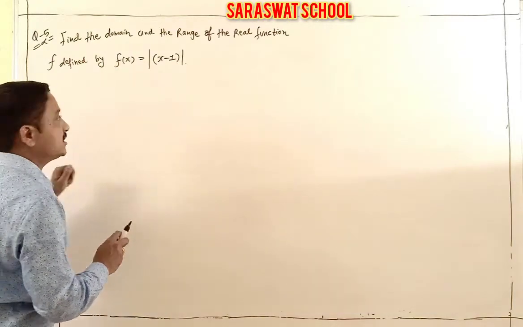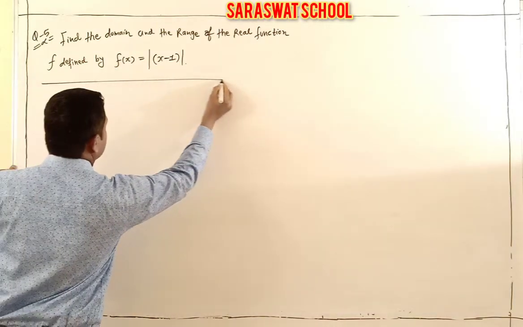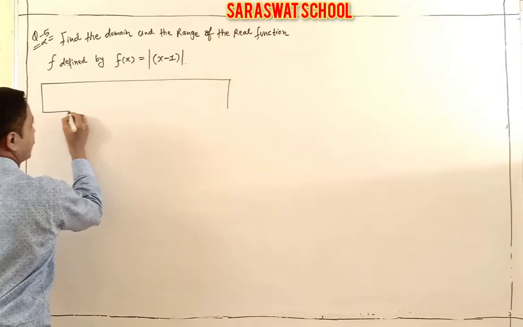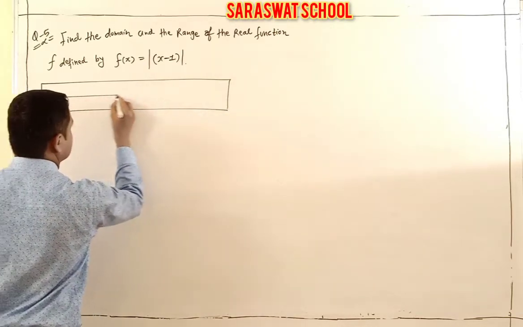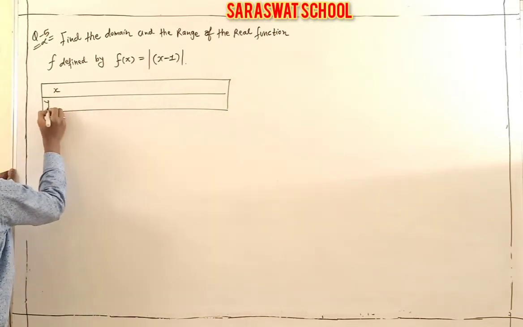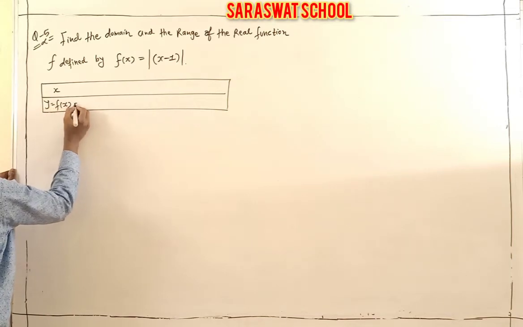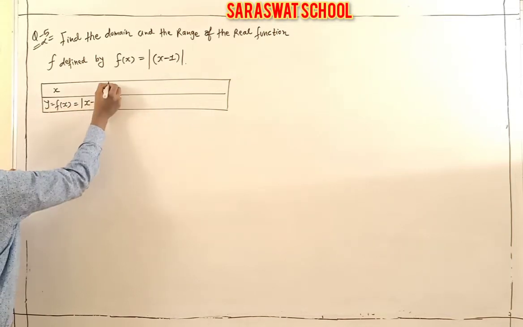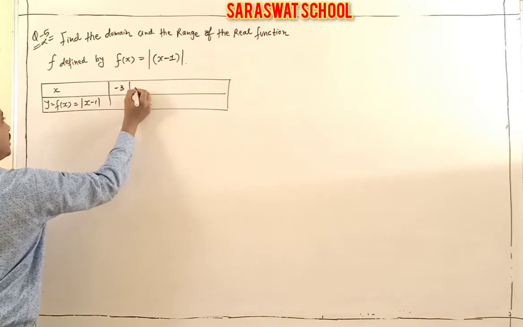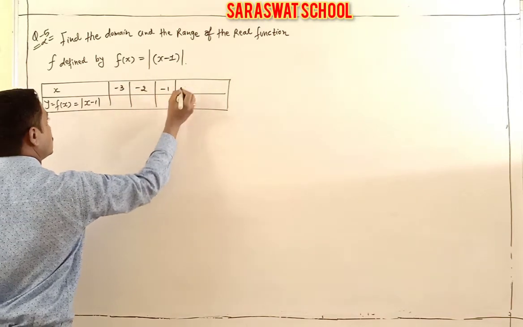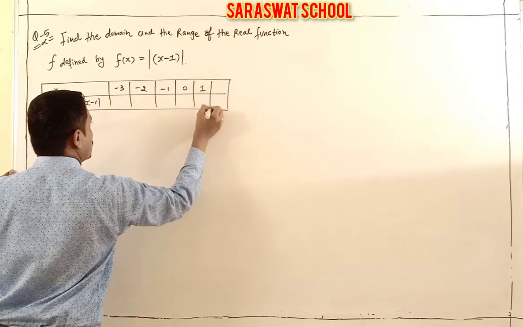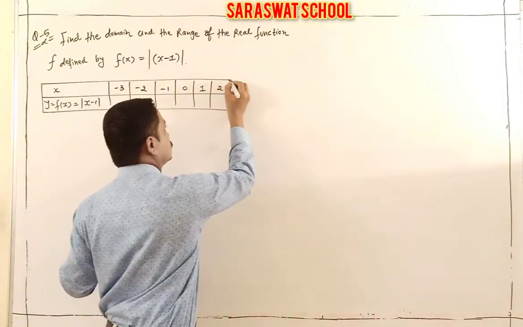Yes, I am taking some values to plot this graph. Here taking x and y, where y is your f(x), which is the modulus of x minus 1. First of all I take minus 3, minus 2, minus 1, 0, 1, 2.